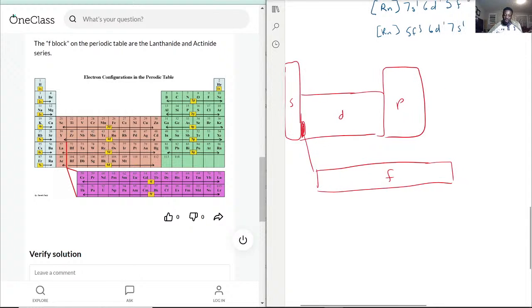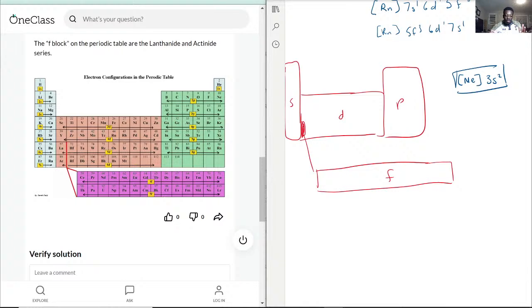So to avoid complete confusion, if we pick magnesium, magnesium would simply be neon as a start, and then it'll be 3s2. This right here is magnesium. So apologies for the first statement.